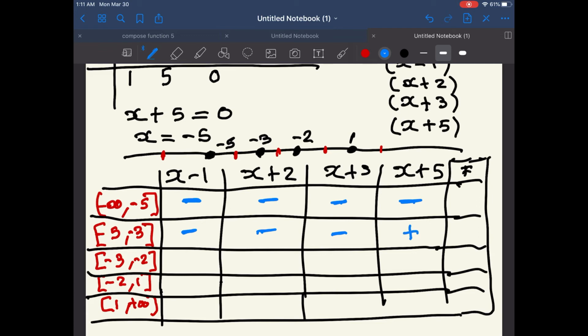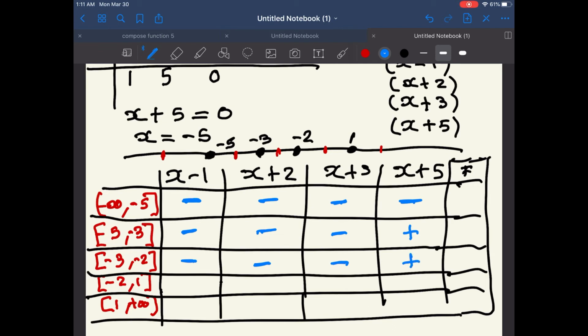And now, another number between negative 3 and negative 2, negative 2.5.